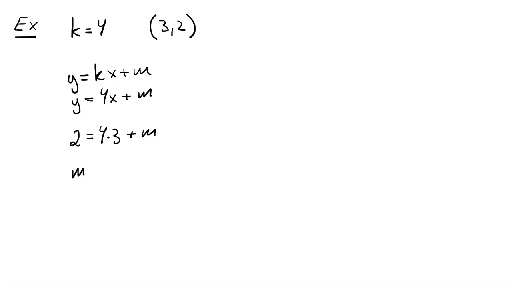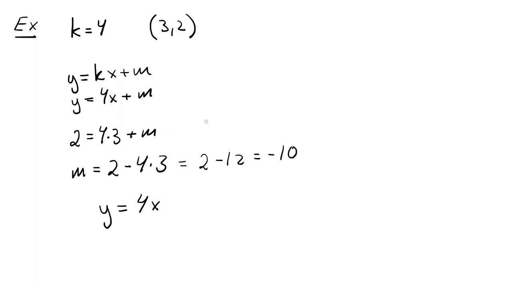So we can solve for m. If we remove this from both sides, m will be given by this. This is 2 minus 12, so minus 10. And now we know the function. Now we know that k is 4 and m is equal to minus 10. So we don't have to know where it crosses the y-axis. We only have to know a point on the line.